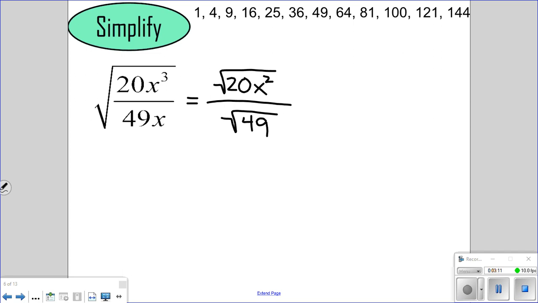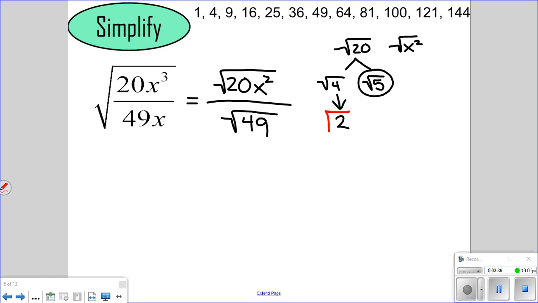Now, once again, if we treat this as two separate examples, we can go ahead and do that. So we have square root of 20. And we have square root of x squared. The biggest perfect square that breaks down 20 is 4, and 4 times 5 gives us 20. The square root of 4 is 2.